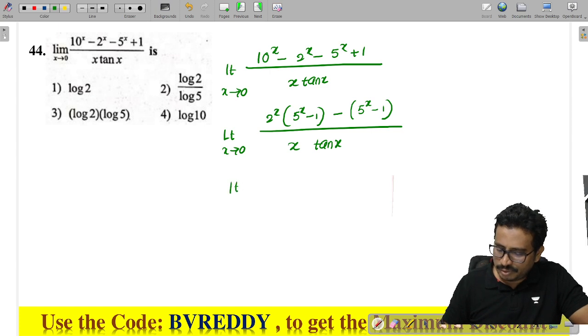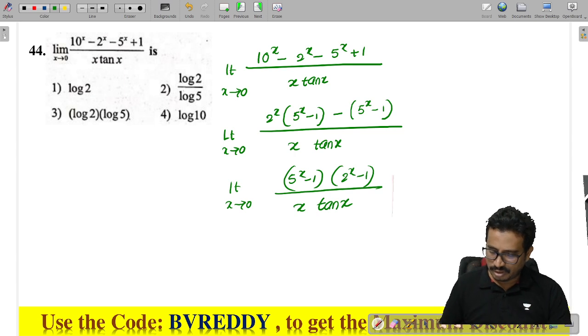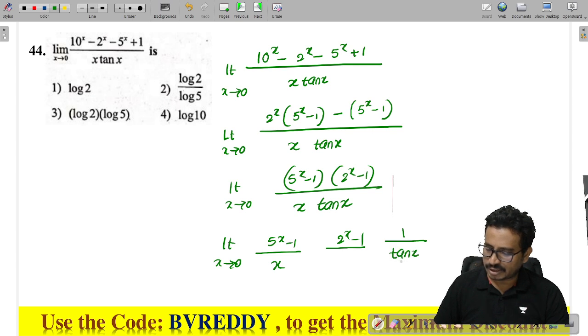Now let us do this factorization. x tends to 0, so this is 5 power x minus 1 into 2 power x minus 1 by x into tan x. Now we can split it as limit x tends to 0 of 5 power x minus 1, 2 power x minus 1, and I am modifying this as 1 by tan x divided by x and multiplied by x.